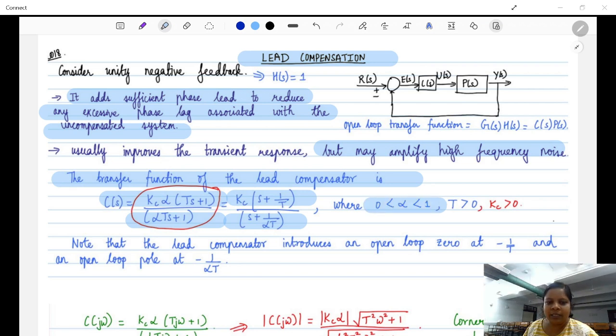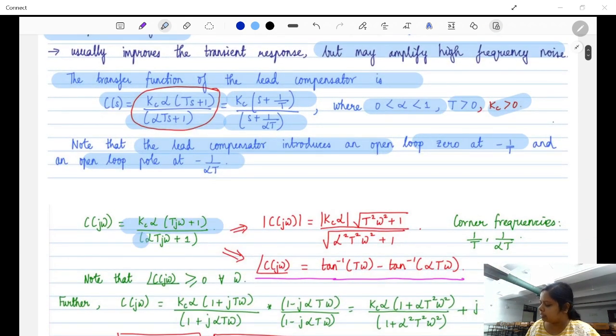Alpha is between 0 and 1, T is greater than 0, and Kc is a gain and is positive. So the lead compensator introduces an open loop zero at minus 1 by T and an open loop pole at minus 1 by alpha T. It can be expressed in j omega format and you can see that these are the corner frequencies. You are very well aware of the corner frequencies, right?